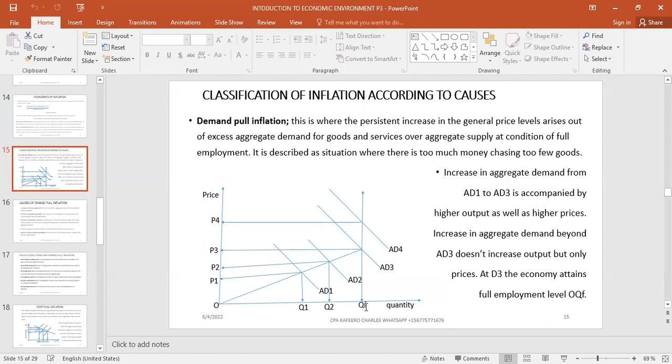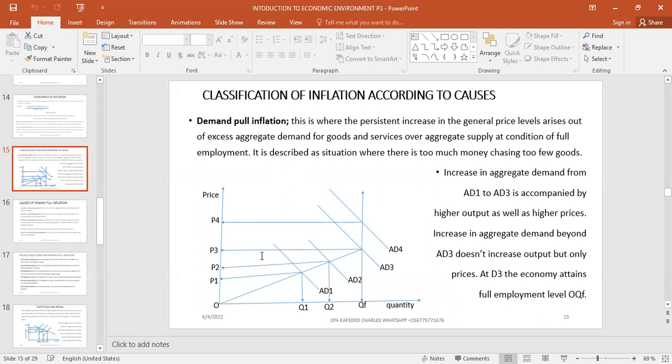So whatever demand that is there is going to be at a constant output, but rather the prices are going to be increasing and increasing, which causes hyperinflation.